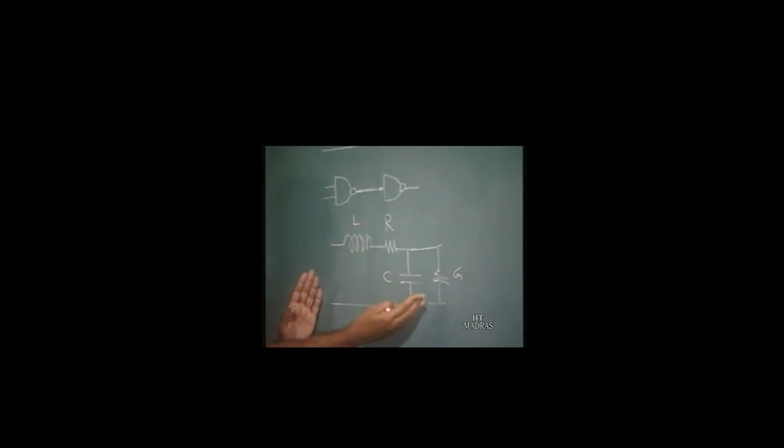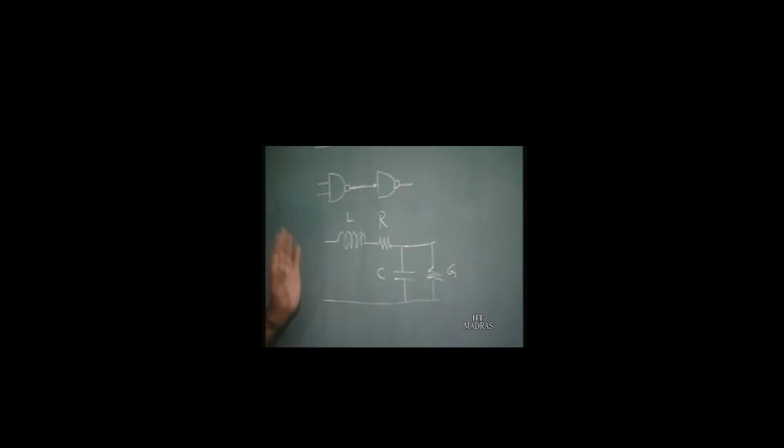These are not lumped components, but are distributed throughout the interconnecting line. Usually this L will represent the inductance per unit length, R the resistance per unit length, C the capacitance per unit length, and G the conductance per unit length. So this is the equivalent circuit of a transmission line which is used to convey a signal from one point to the other.